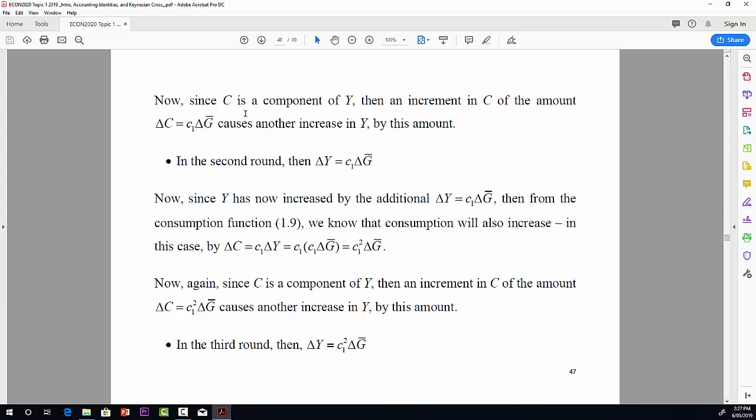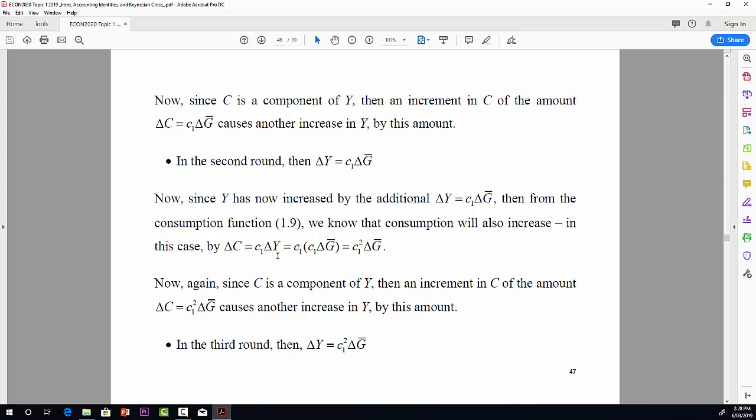Now since C is a component of Y, that increment of C is going to cause another increase in Y. And so in the second round we get this. Now Y has increased by this additional amount, and again that increases consumption by an additional amount.